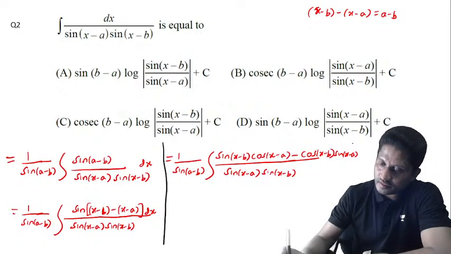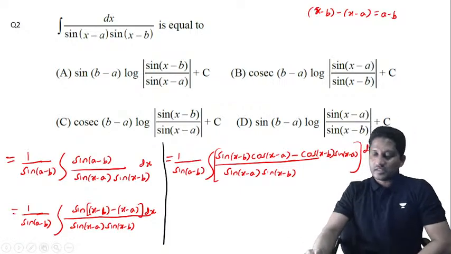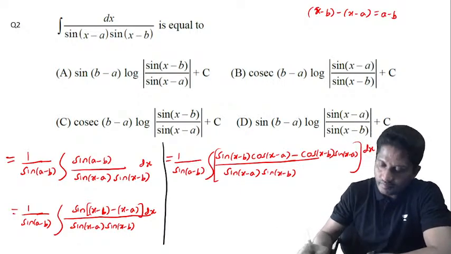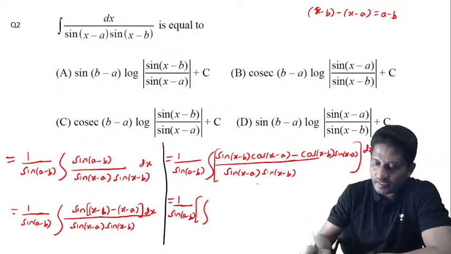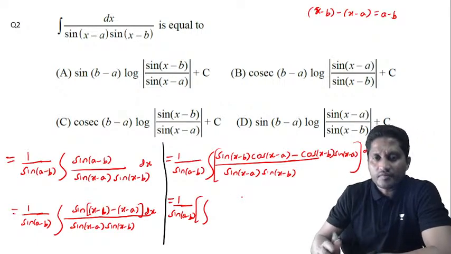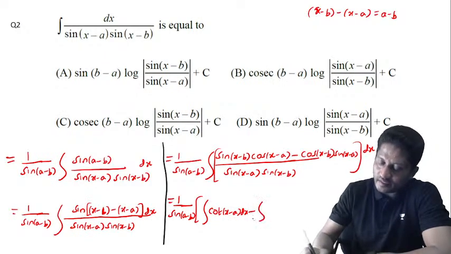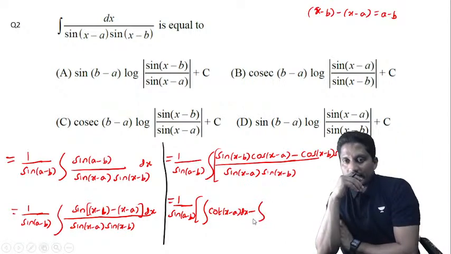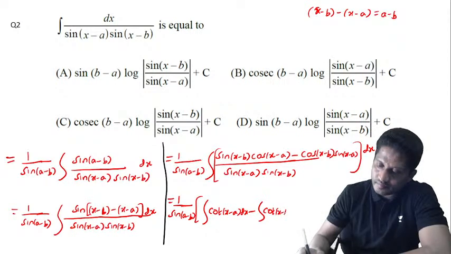Right, now there's dx here, if there's space left out there, that's dx. Right, now if I take 1 by sine of a minus b, then integration of, if you separate this, sine of x minus b will cancel, cos by sine is cot, you get cot of x minus a. Again, if you divide, sine of x minus a will cancel, cos by sine is cot, you get cot of x minus b.